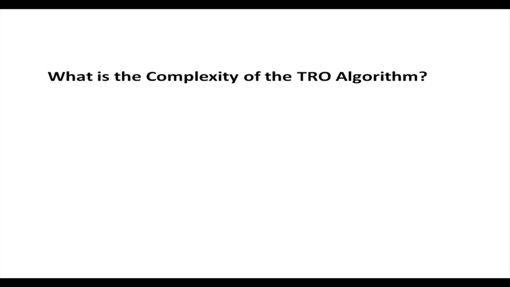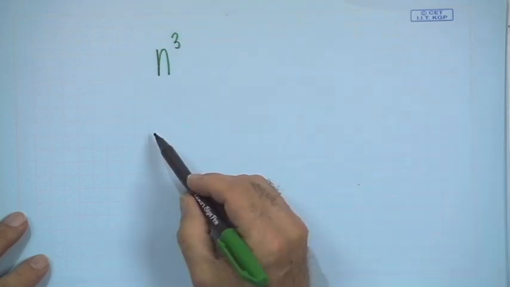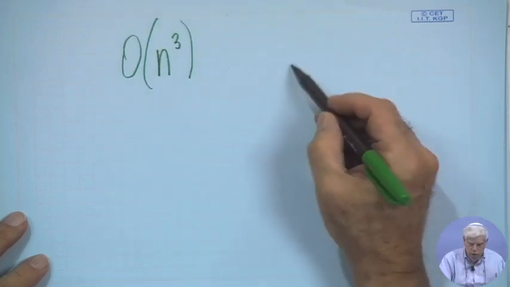What is the complexity of the transitive orientation algorithm? Well, it depends on your data structures as well. The most reasonable and straightforward way would be an algorithm with complexity n cubed. Because what would you be doing?